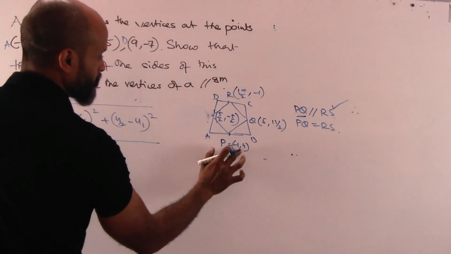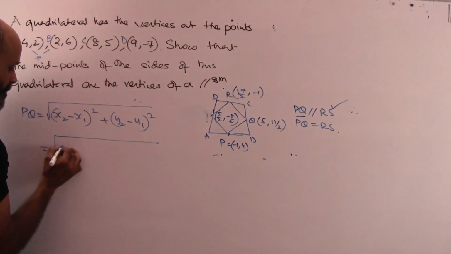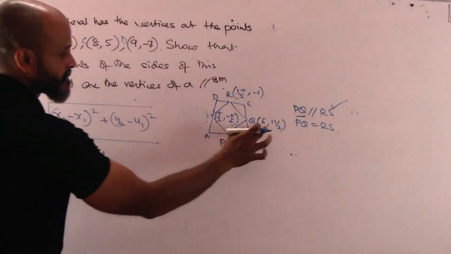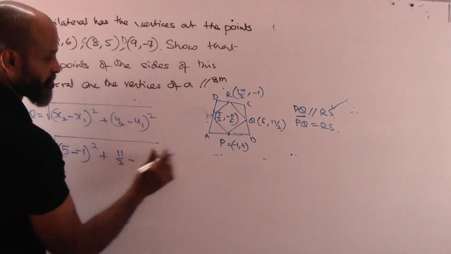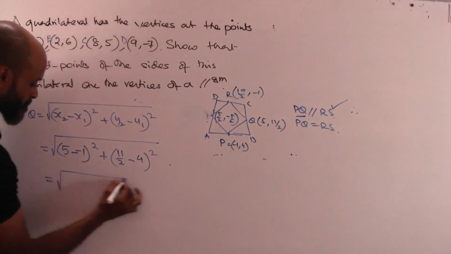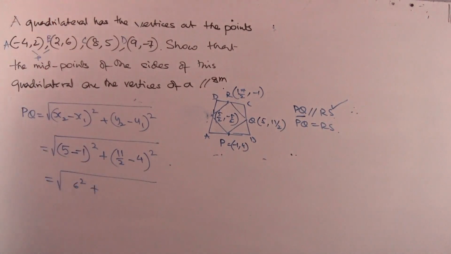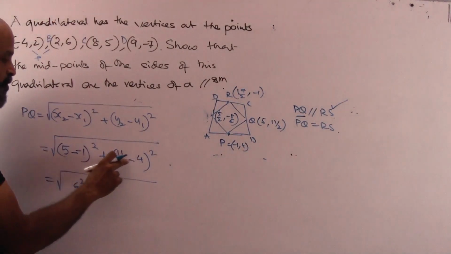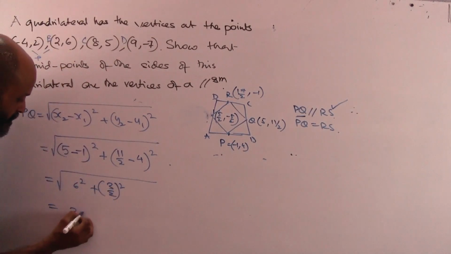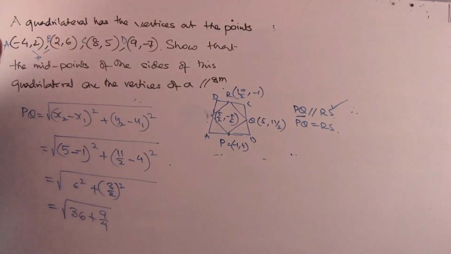X2 for P, for Q it is 5 minus 1 square plus 11/2 minus 4 square. So this will be how much? 5 plus 1, that is 6 square, 11/2 minus 4, that is 11 minus 8 by 2, that will be 3/2 square. So this is going to be 36 plus 9/4.